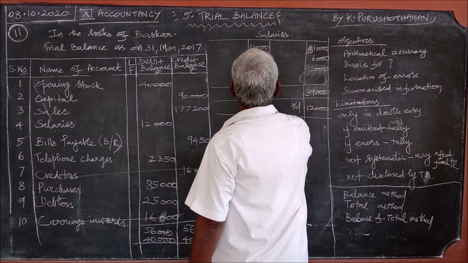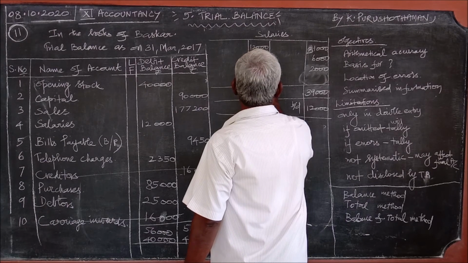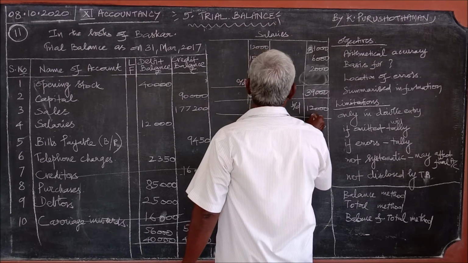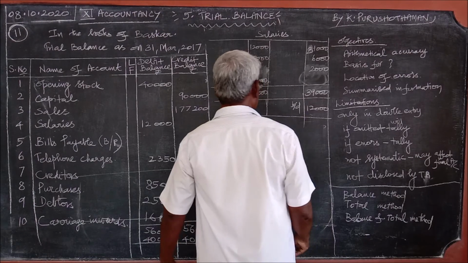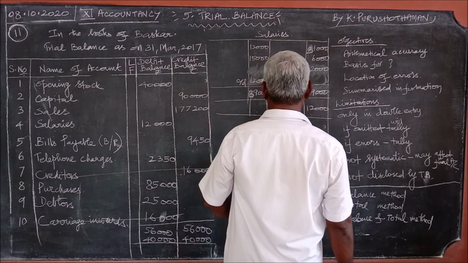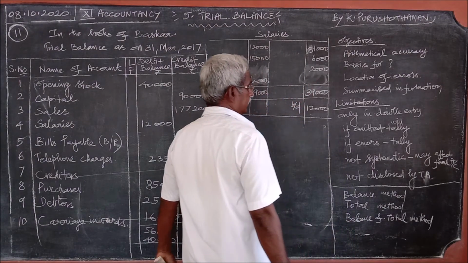The balancing figure carried down is 12,000. So brought down 12,000. So this is some idea, say for example, I have taken.